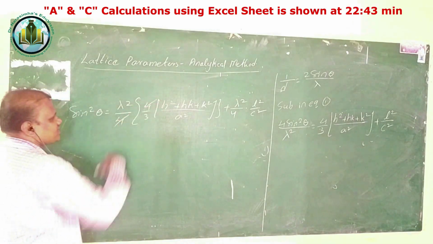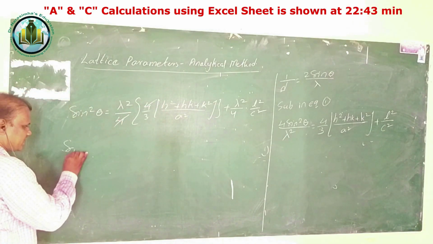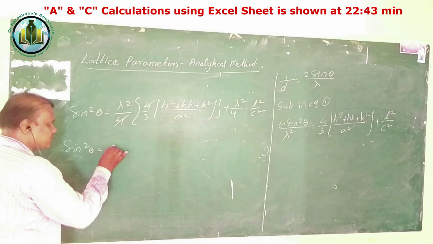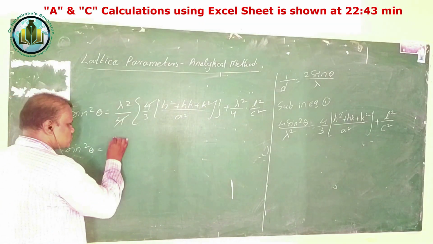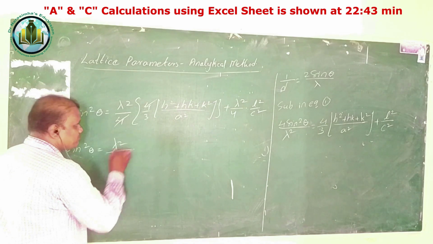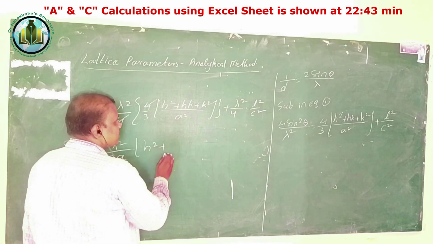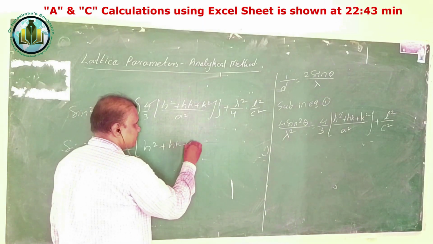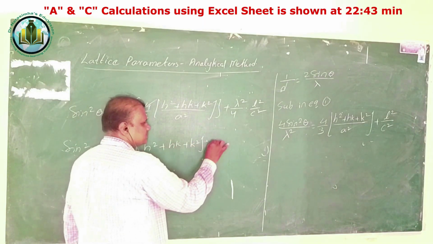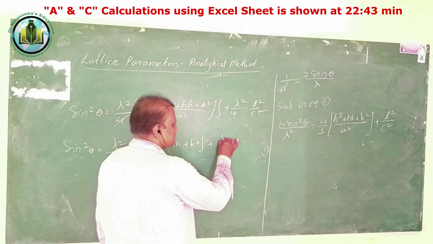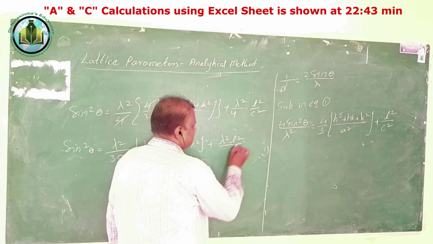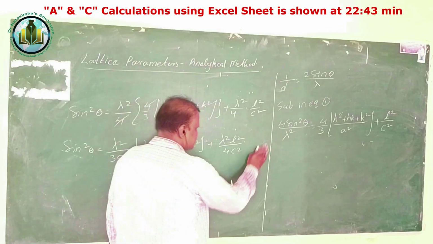Here the 4 gets cancelled. Therefore, you can write sin square theta equals lambda square divided by 3a square into (h square plus hk plus k square), plus lambda square l square divided by 4c square.